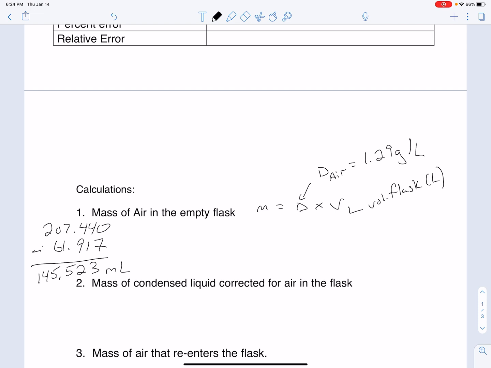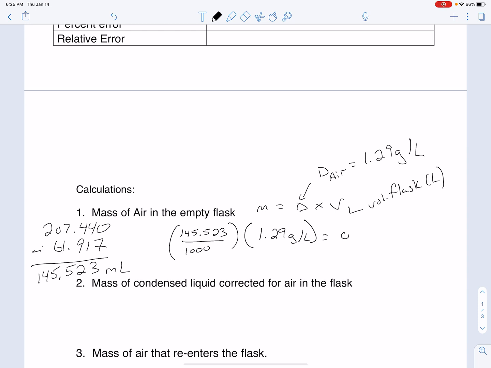So let's take that volume in liters, and let's multiply that by the density. And so the mass of the air in the empty flask came out to be, let's see, sig figs here, 1, 2, 3, 4, 5, 6.